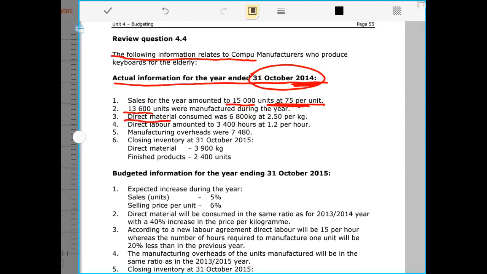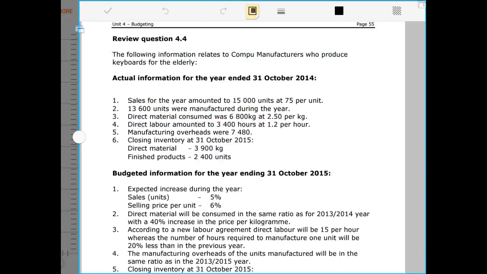And we are given direct material consumed, which was 6,800 kilograms at 2 rand 50 cents. It means in order to manufacture the 13,600 units, we used 6,800 kgs of material, and the 6,800 kgs of material was bought at 2 rand 50 cents per kg.